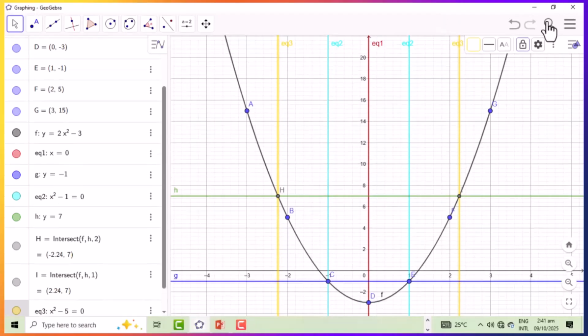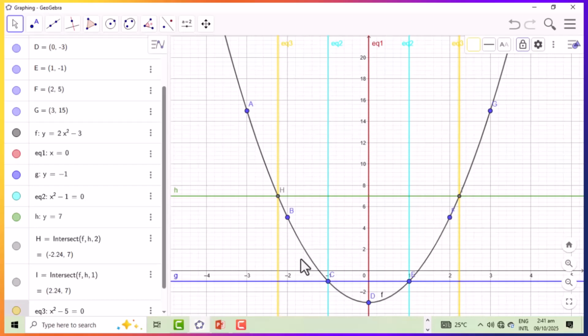And we were able to find the features, which was finding the roots of x squared minus 1 equals 0, which is this blue line, and the coordinates of the x were these light blue lines.